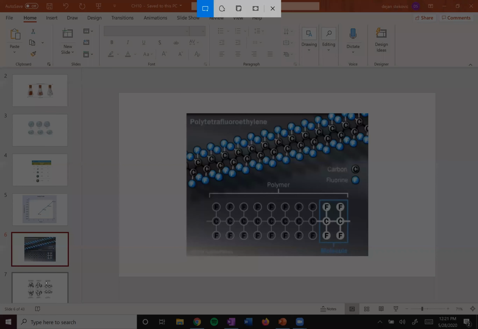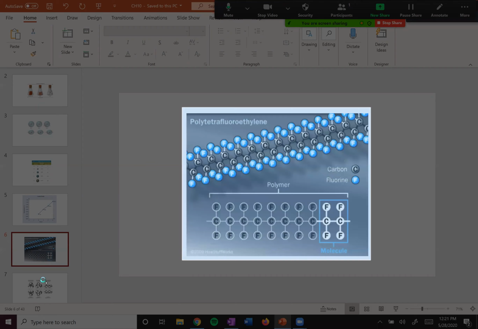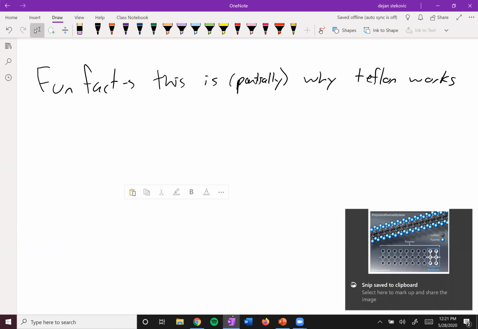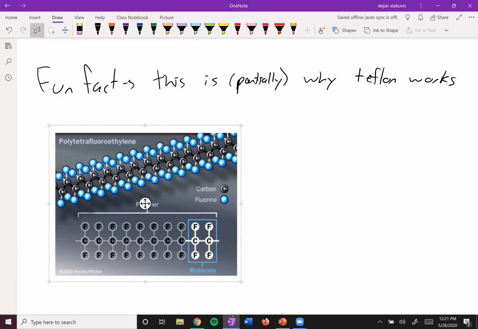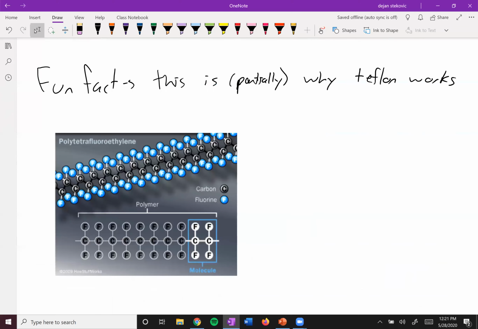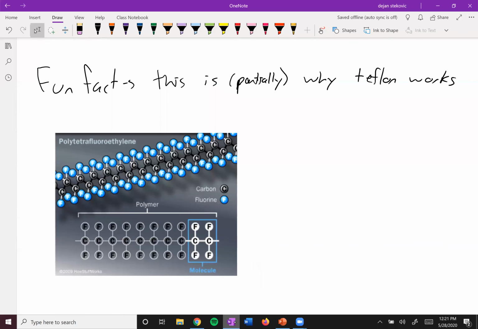If you look at the molecular structure of Teflon, you'll see that it's basically chains of carbon, and they're perfluorinated, so they've got fluorines connected all over them. If you take a look at this picture, you'll see all kinds of fluorines attached to this compound. And if you think about where fluorine is on the periodic table, it's on the top right, so it's very small. And so it has very weak London dispersion forces, and so it doesn't like to stick to other things. So that's partially why Teflon works the way it does.